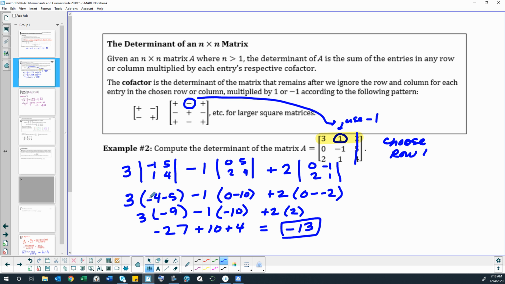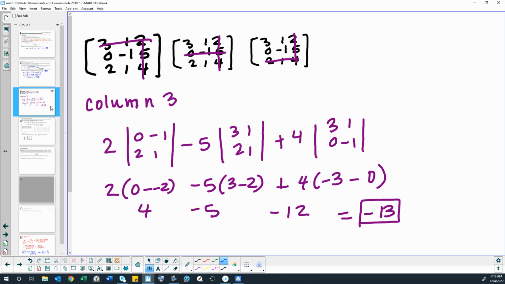Now, on this next page, it looks like last year I actually did this same problem using the last column instead. The reason I'm saying that is because notice how the last column is scratched out in each step. And then for the first one, row 1 is scratched out, then row 2, then row 3. So I did exactly the same process with column 3.